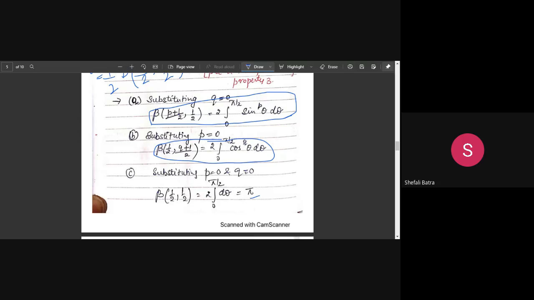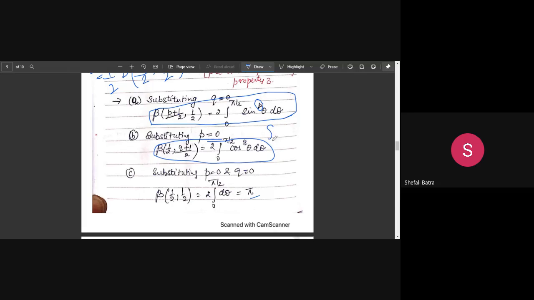So you can ask me, ma'am, when we have the reduction formula, there is no use for the beta function. We can evaluate this integral using the reduction formula, right? But the reduction formula is applicable only when this is a positive integer, right?